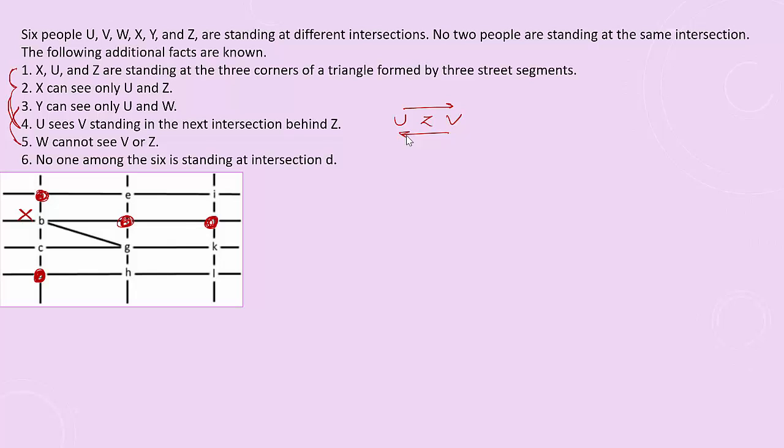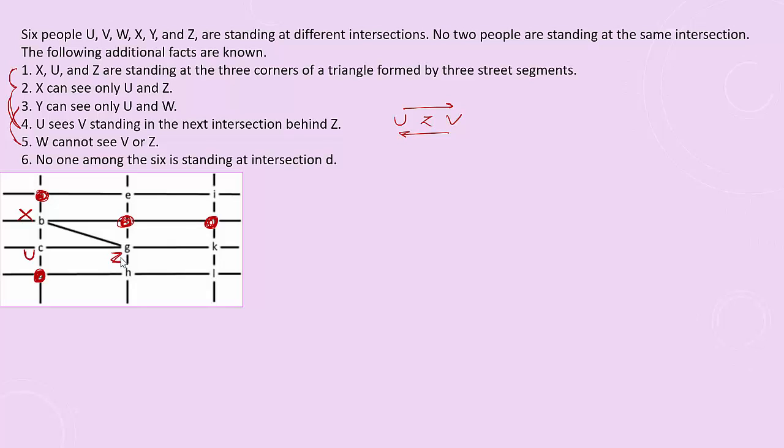So according to this, if we check this part, it's U Z V. So here I have to insert U and Z, and if I'm inserting U and Z here, that means U is supposed to be at this point, Z is supposed to be at this point, right?